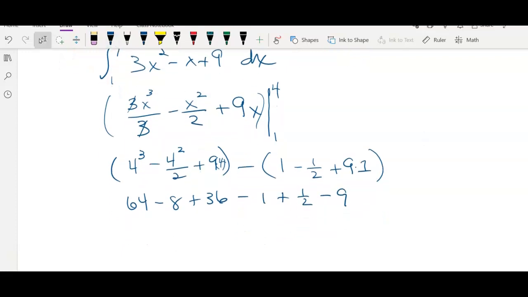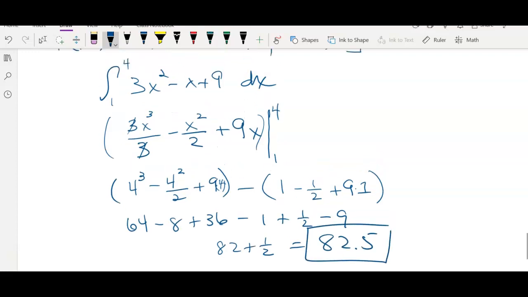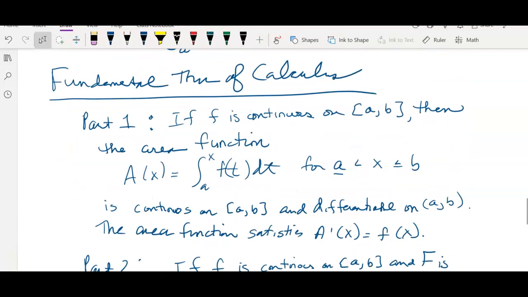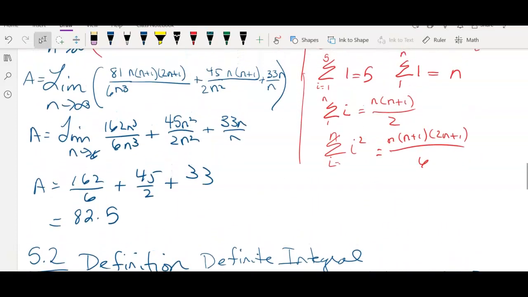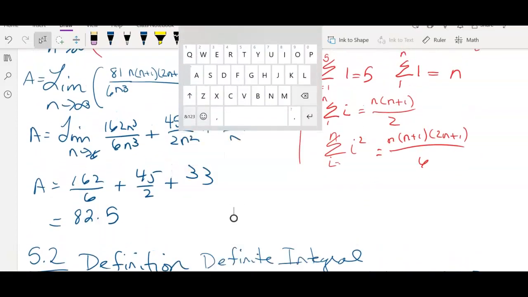All right, so forget the half for a second. Just do 64 minus 8 plus 36 minus 1 minus 9. I hope it's 82. Thank you. So 82 plus a half is 82.5.